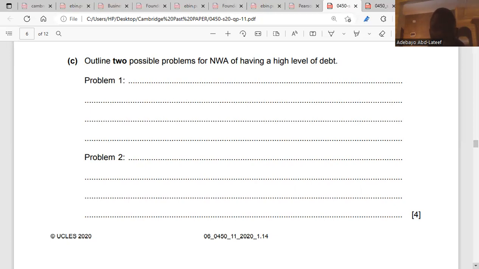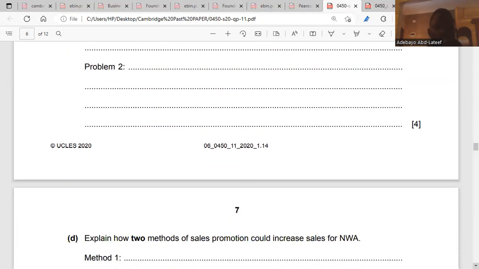Another problem you could face with a high level of debt is that you might not have access to a new loan from banks, because it will be stated in your financial position that you have lots of creditors. So you might not have access to other loans in the future. It could also destroy the reputation of the business. Investors might not even trust you anymore. So that's it.